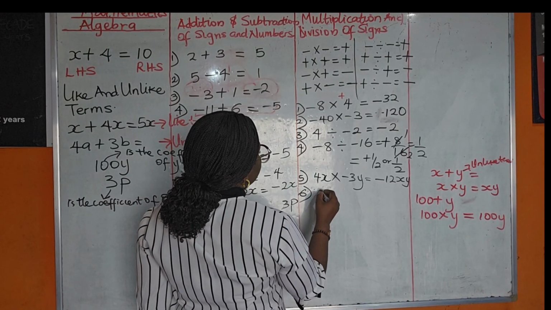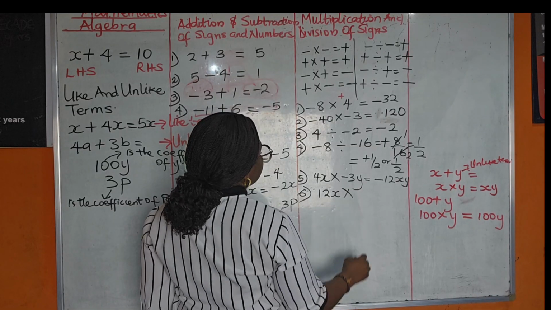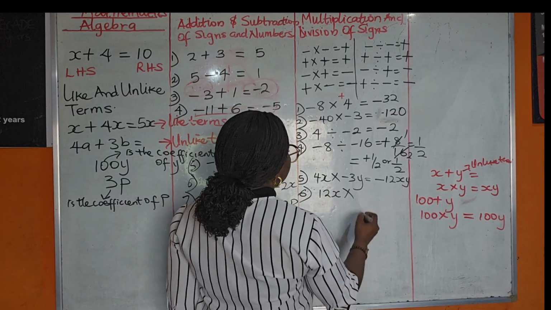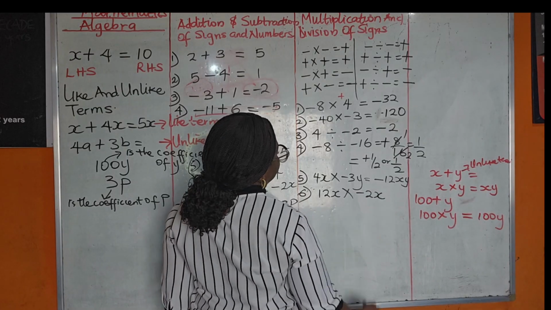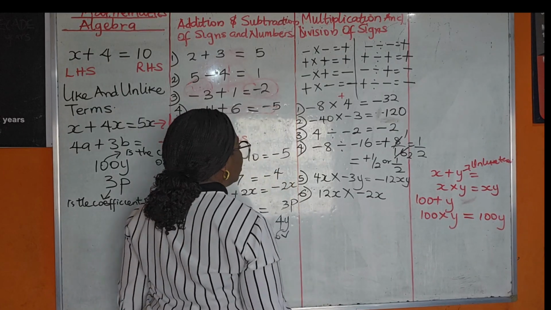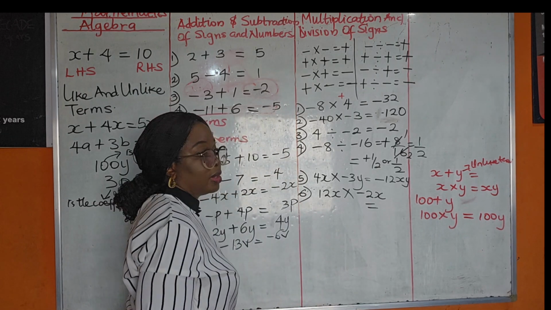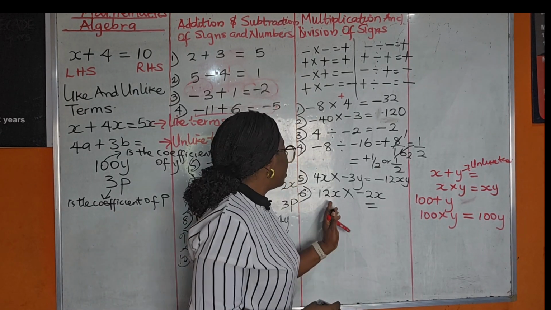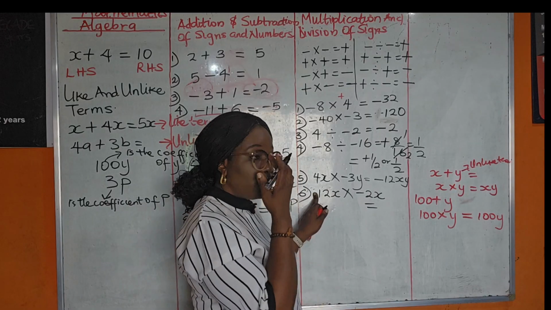You have something like this: 12x times minus 2x. What do we have as our answer? We'll take it step by step. There's an invisible plus sign here, which you already know.